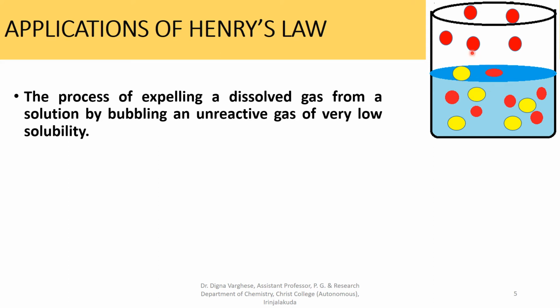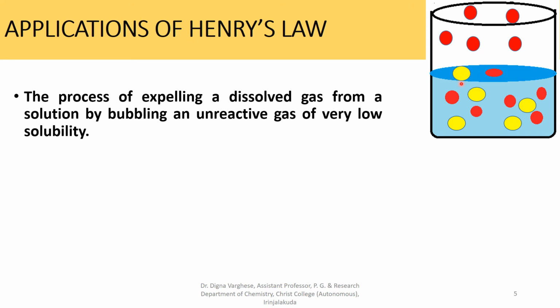Continued bubbling of the unreactive gas, shown in the yellow color, thus induces more and more of the dissolved gas to go out of the solution. For example, H2S may be removed from its aqueous solutions by continuously bubbling nitrogen.